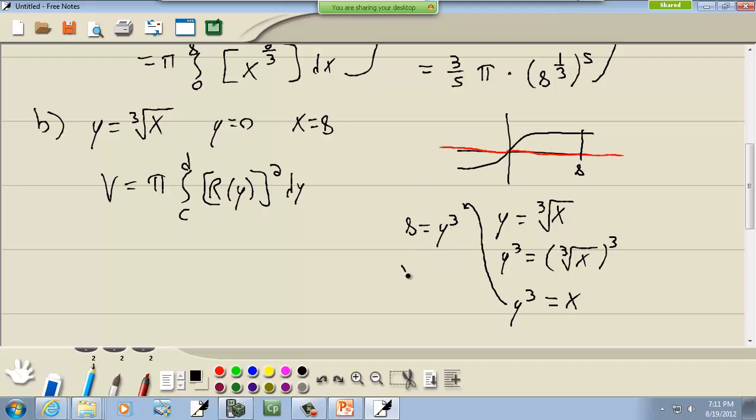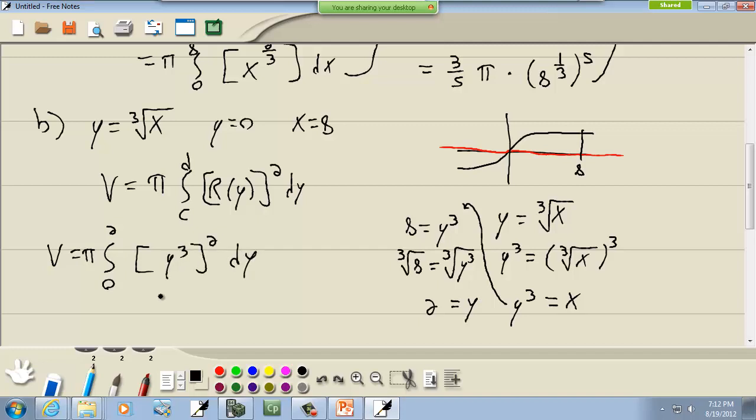Then take the cube root of both sides, and we end up with y, and the cube root of 8 is 2, so y is equal to 2. So it is from 0 to 2. That's what it'll look like, but pi's out in front, 0 to 2, and then we got the y to the third to the second power dy.